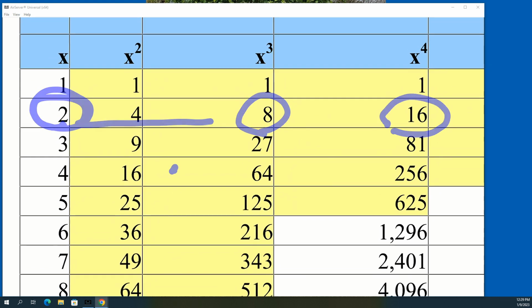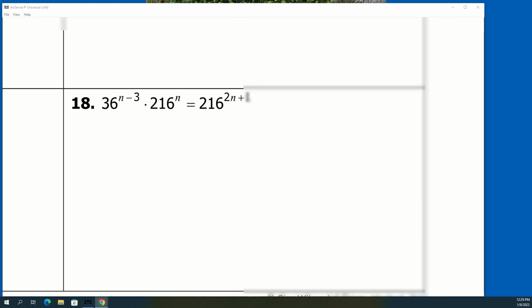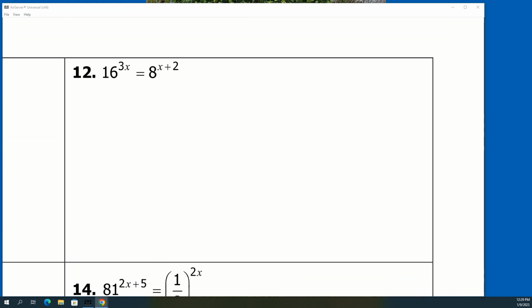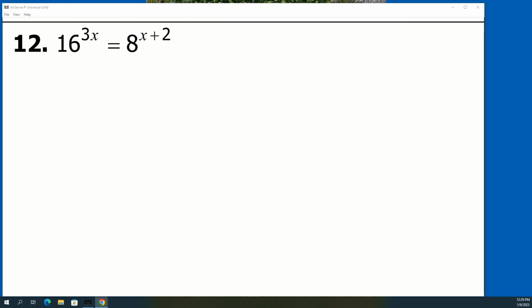And it means that 8 is going to be 2 to the third, and 16 is going to be 2 to the fourth. So for 16, we'll do 2 to the fourth, and then we're going to multiply our new exponent by our old exponent. 8 is going to be 2 to the third, and same thing. Multiply the new exponent by the old.